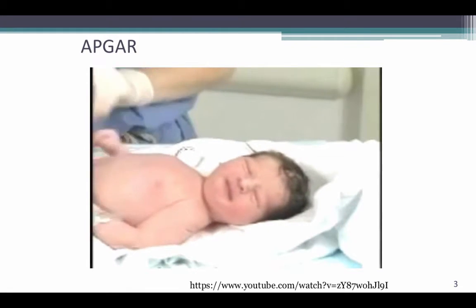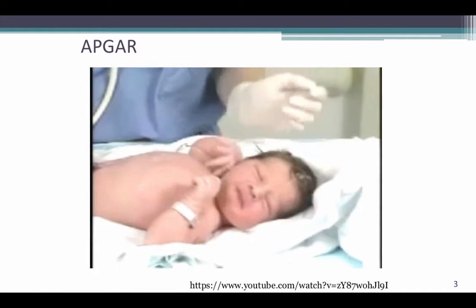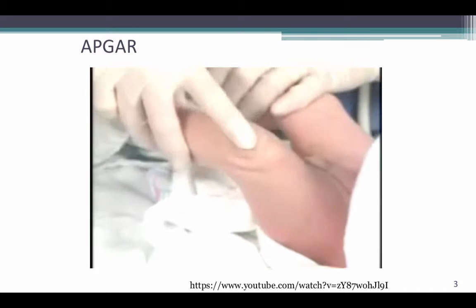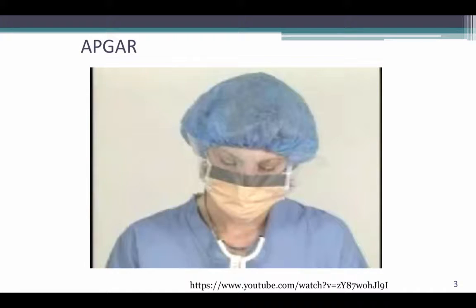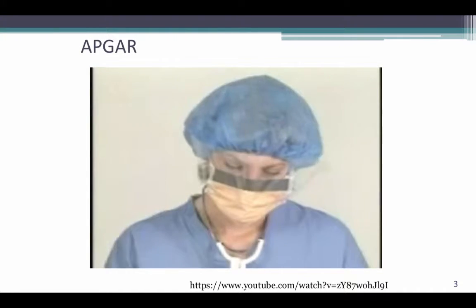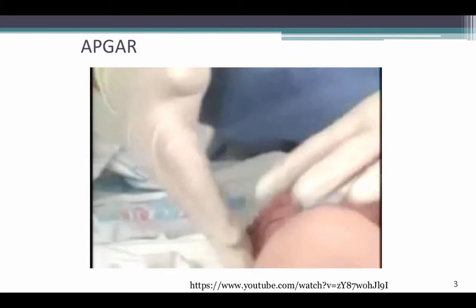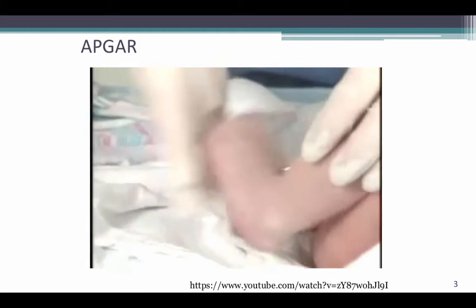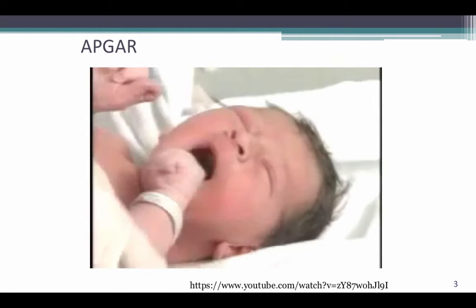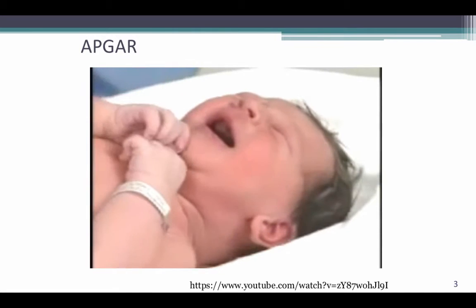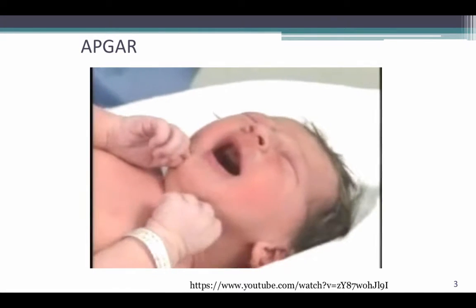Well-flexed extremities receive a score of 2. Some flexion, a score of 1, and if the infant is flaccid, the score is 0. The nurse evaluates reflex irritability by gently slapping the sole of the infant's foot or by inserting a catheter in the newborn's nose. A responding cry receives a score of 2. A grimace receives a score of 1, and no response is scored 0.